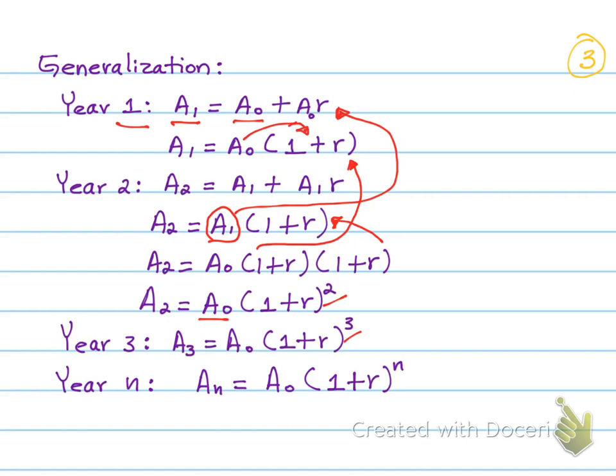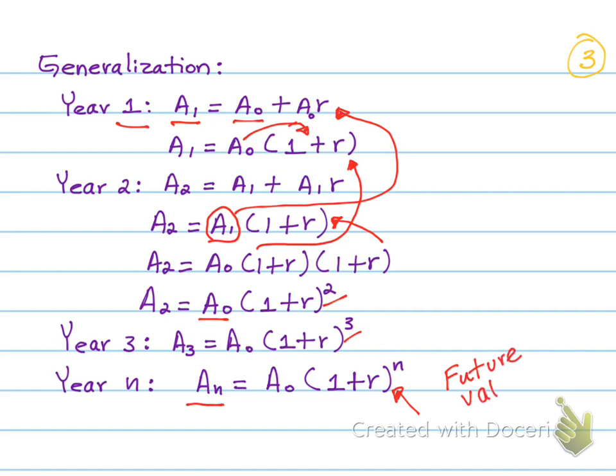So the formula for the compound interest is An is equal to A0 times 1 plus R to the n. So this is the formula we're going to use for the compound interest. And actually, as you will see later, this is the formula for the future value.